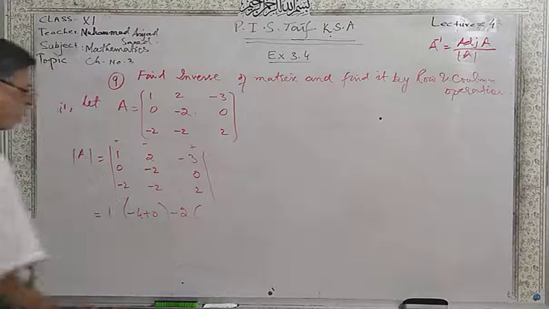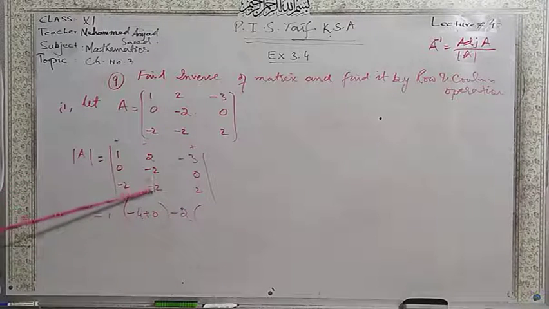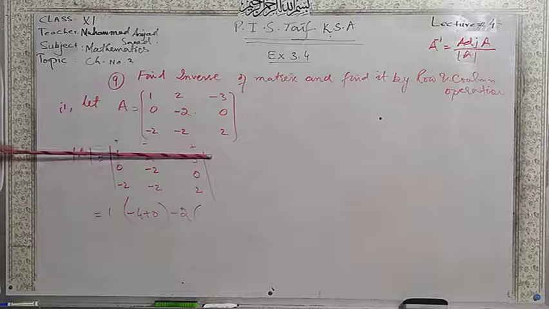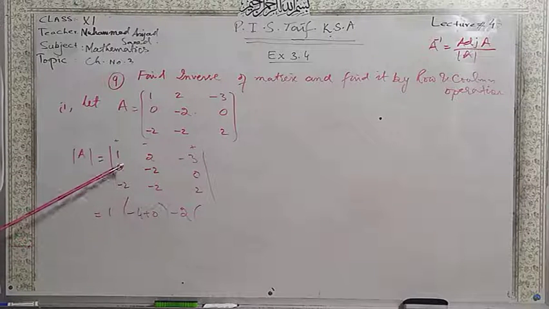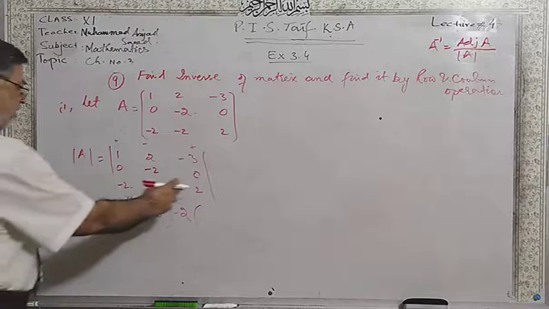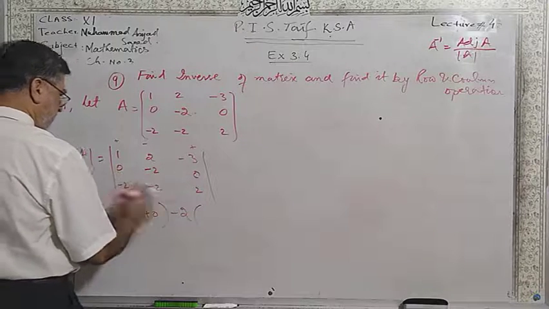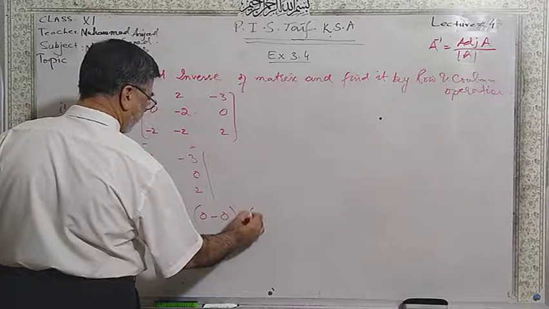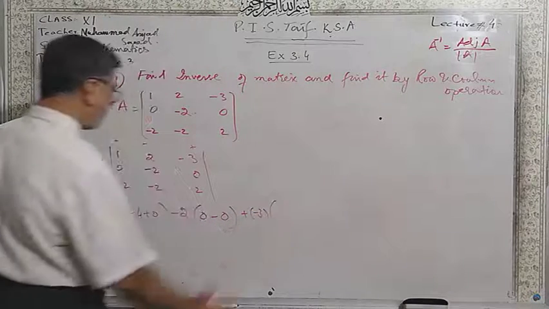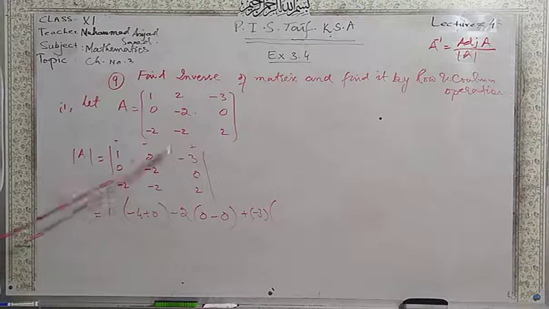After that, minus 2, remove the column of 2 and row of 2. This is 0, 0, minus 2, 2: AD minus BC, 0 minus 0. Then plus into minus 3.